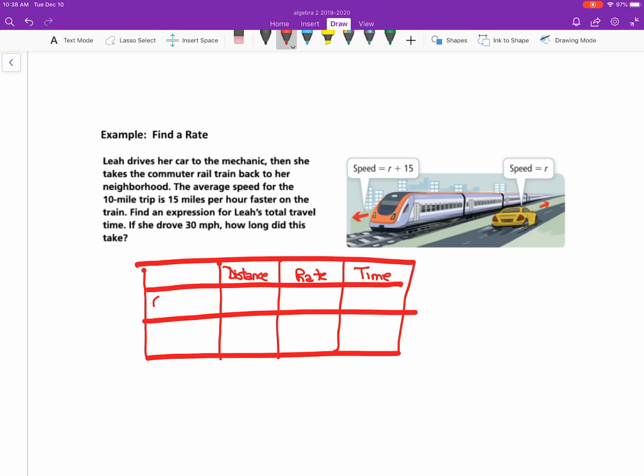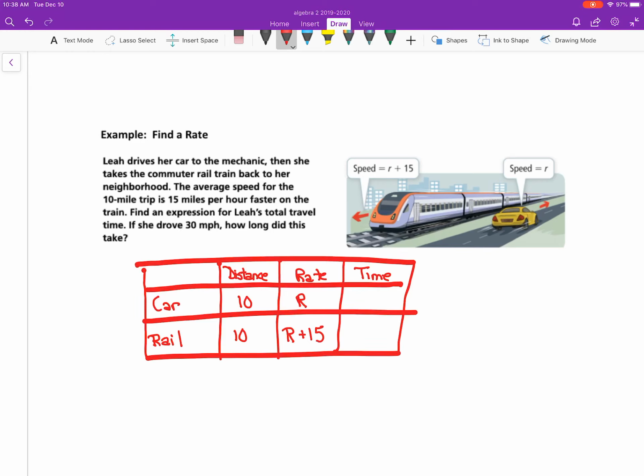And we're going to do the car, and we're going to do the rail. All right, so we know that it is a 10-mile trip no matter what. And we know that the rate of the car, we're just going to call R. And we know that the train is going to be R plus 15 because it's 15 miles per hour faster.